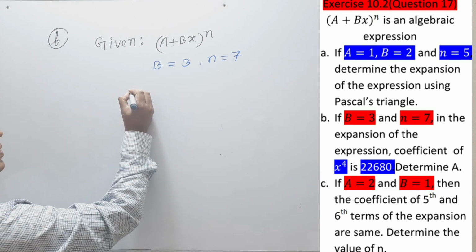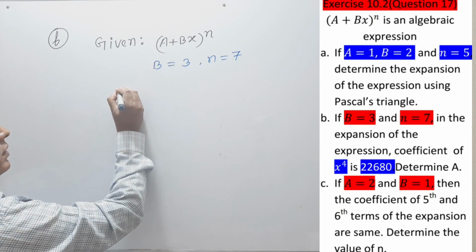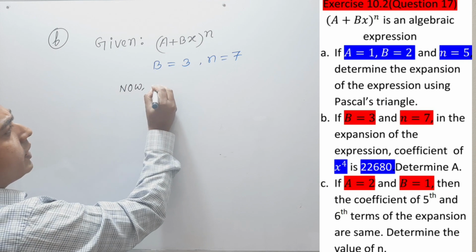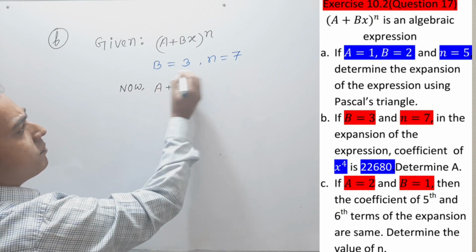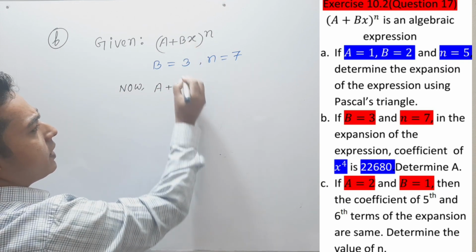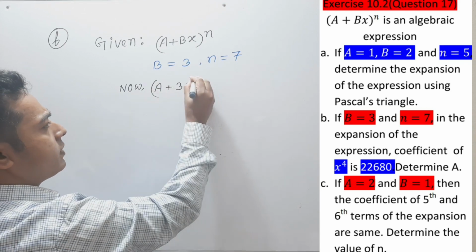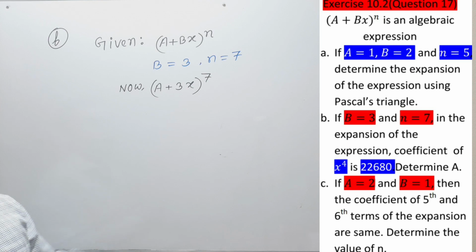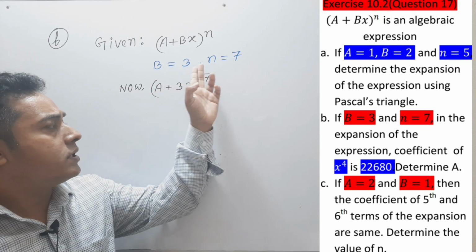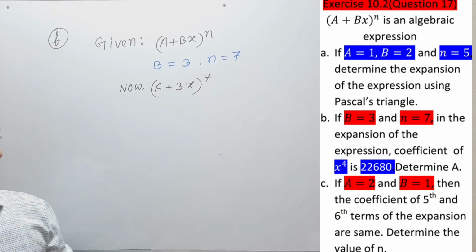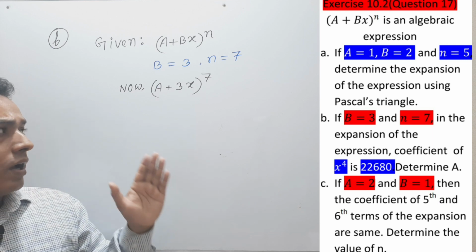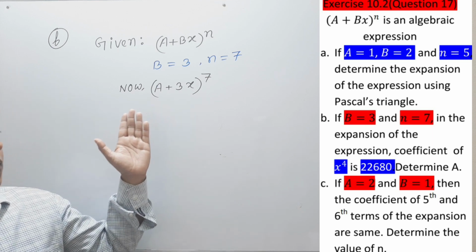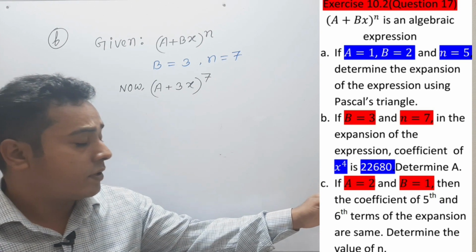Here now a plus 3x to the power 7. This is the binomial term after replacing b is equal to 3 and n is equal to 7. Dear students, you have to expand this binomial term up to x to the power 4.